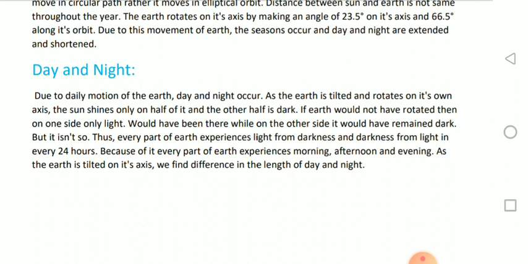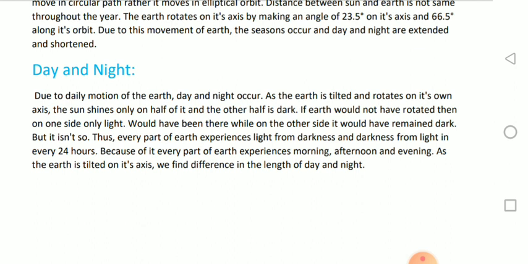Because of it, every part of the earth experiences morning, afternoon and evening in various countries. As the earth is tilted on its axis, we find a difference in length of day and night. We can see in the winter the days are short and the nights are long.